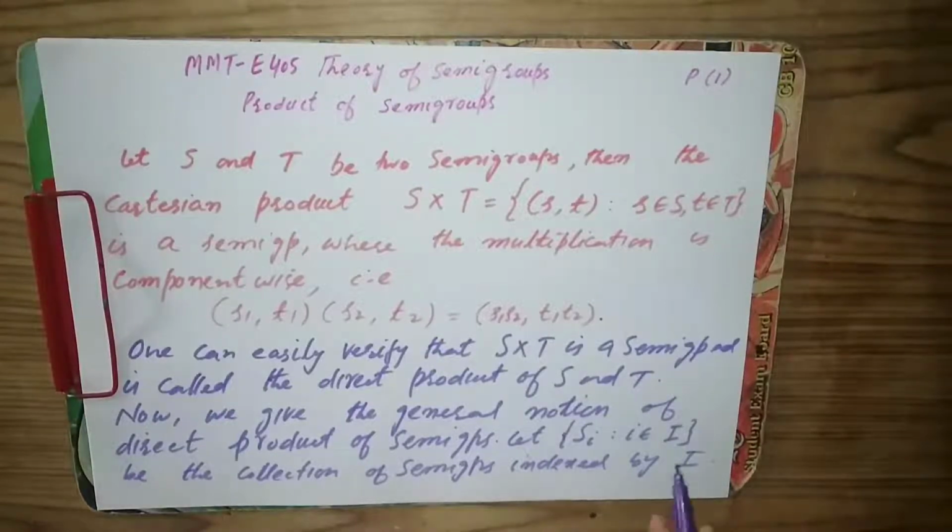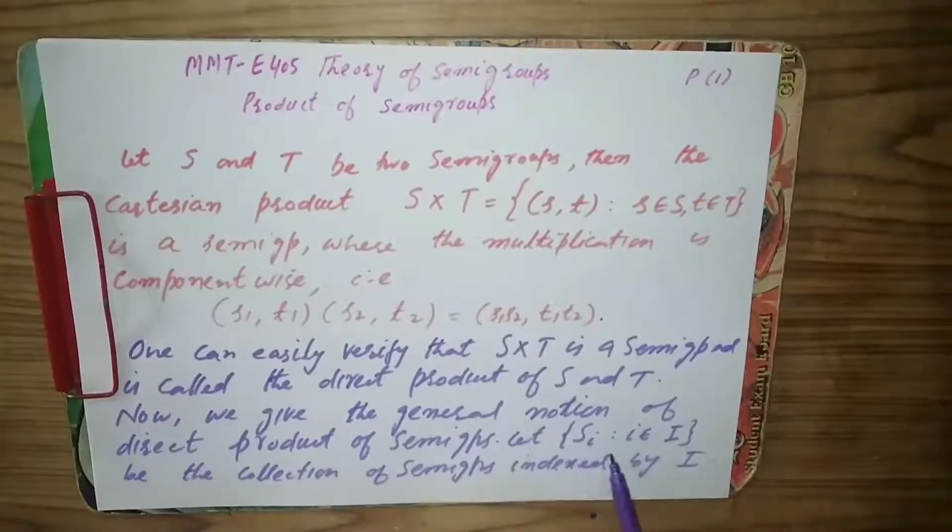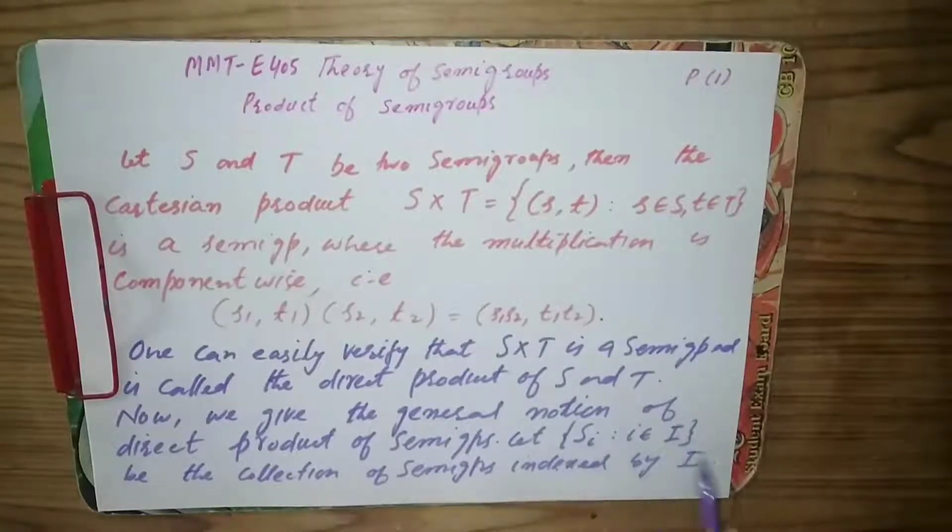If I is a singleton set, say 1, then it's a single semigroup S1. If I is finite, then it's a finite collection. If I is infinite, then it will be an infinite collection of semigroups.